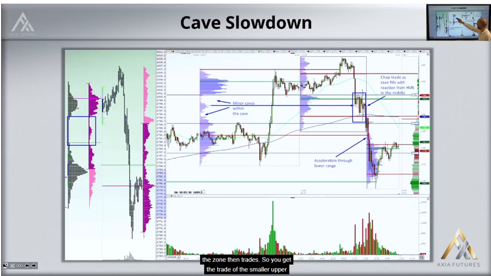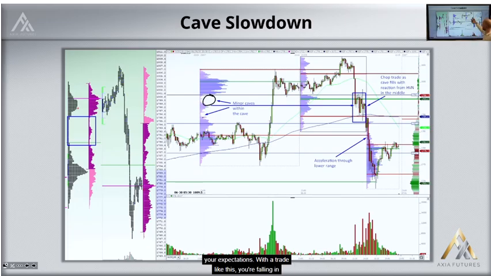So you get the trade of the smaller upper zone just here, and then once you get the break to the bottom of the range, then you get the full two-directional trade within that to fill that cave in. So it's about being able to manage your expectations.